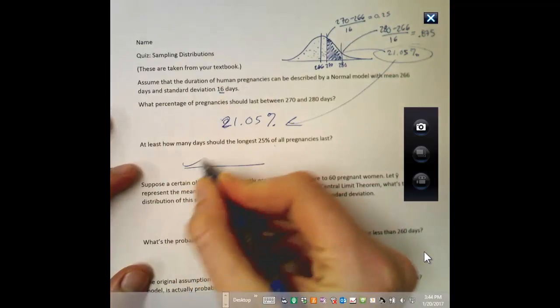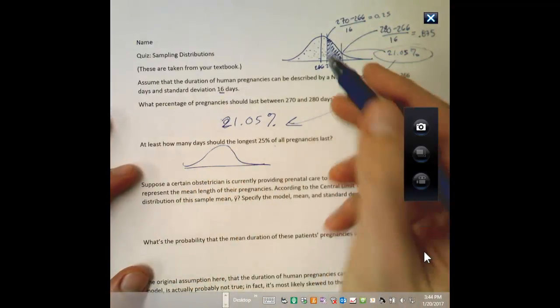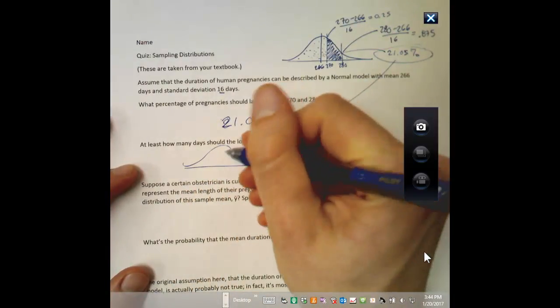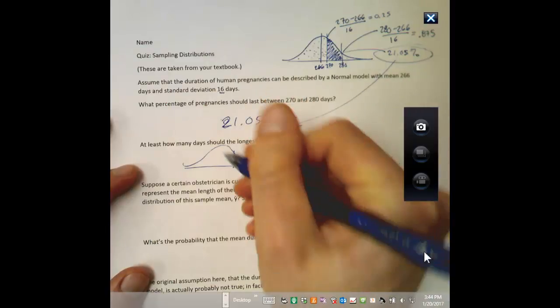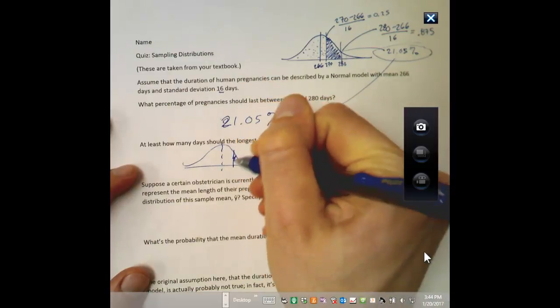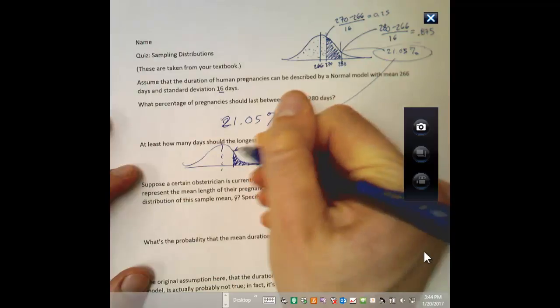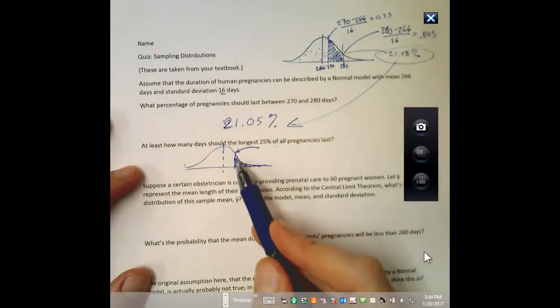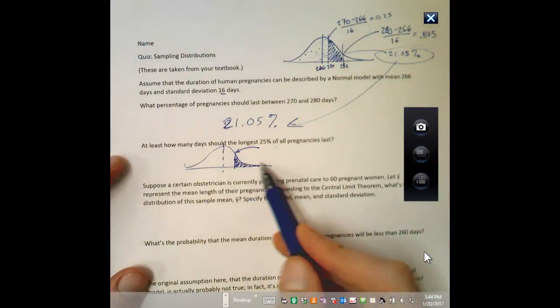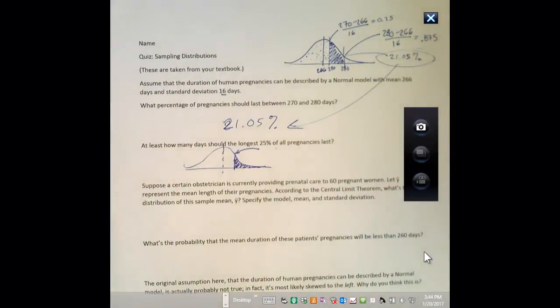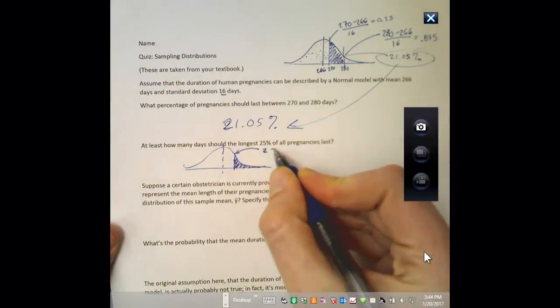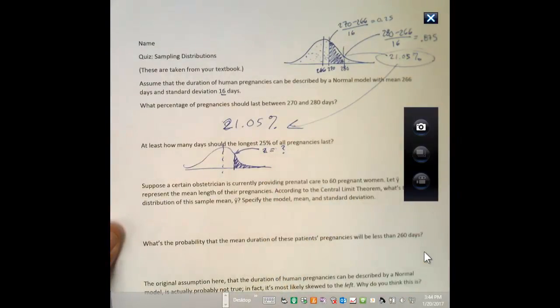At least how many days should the longest 25% of all pregnancies last? So we're again looking at the same picture, but now we want the longest 25%. If we shade from there on out, we'll capture 25% of the distribution. So we want to know what z-score that is.